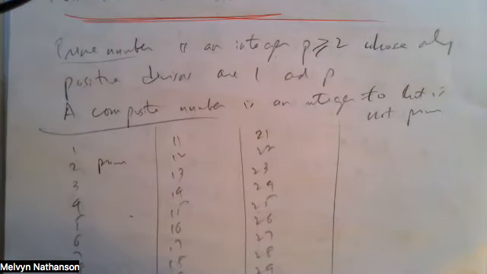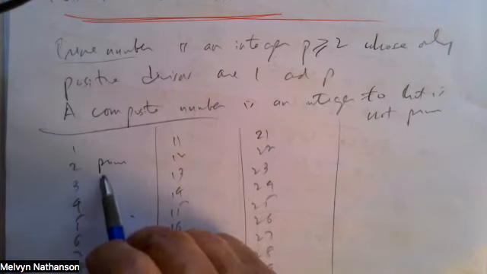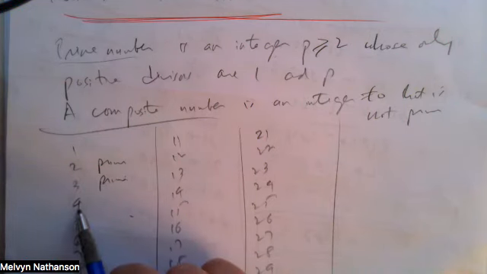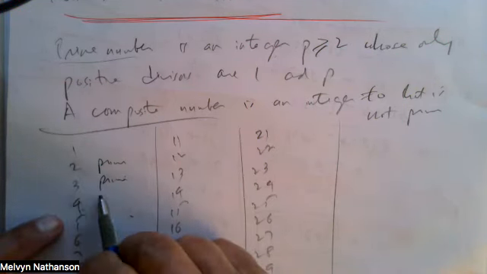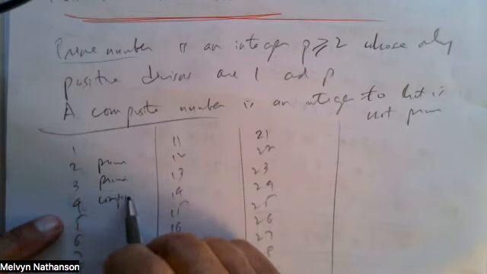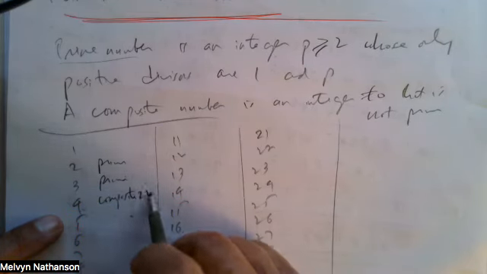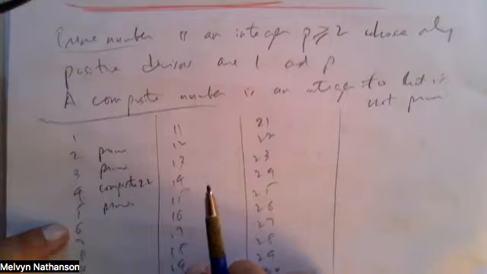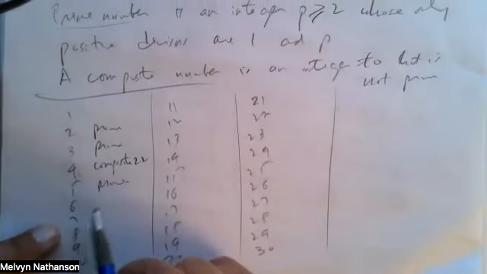The only positive integers that divide 2 are 1 and 2. 3 is a prime. 4 is divisible by 1 and 4, but it's also divisible by 2, so it's not a prime. It's composite. It's 2 times 2. 5 is a prime. 6 is composite.